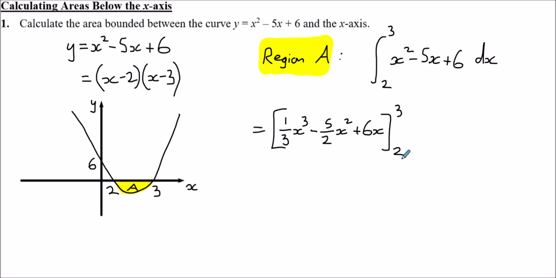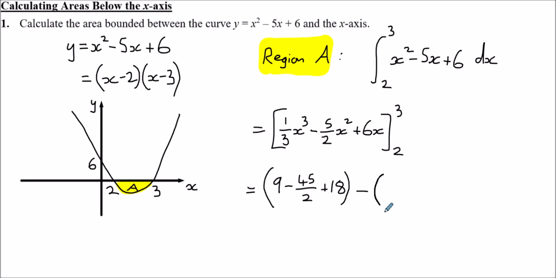So again, I'll show you the class whiz way in a moment afterwards. Just to sort of speed along, you could do this on a calculator, that's absolutely fine. 1/3 x cubed where x is 3, that's going to give us 9, minus 5 over 2 times 3 squared, that's going to be minus 45 over 2, plus 6x, plus 6 times 3 gives us plus 18.